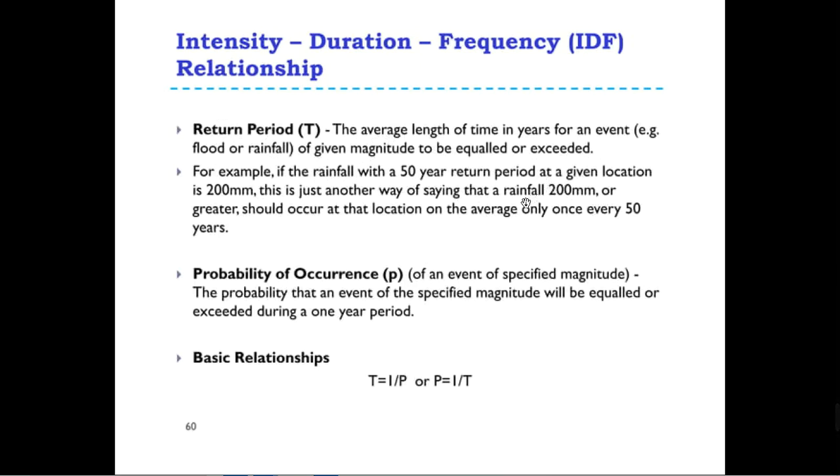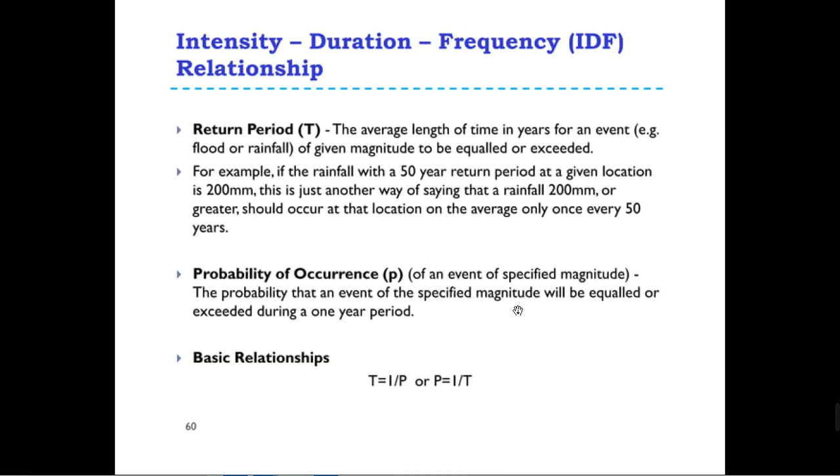For example, if the rainfall of a 50-year return period at a given location is 200 millimeters, this is just another way of saying that rainfall of 200 millimeters or greater should occur at the location on average only once every 50 years.